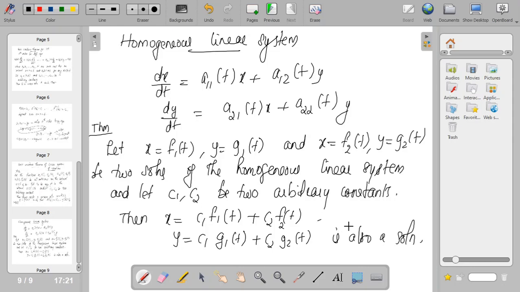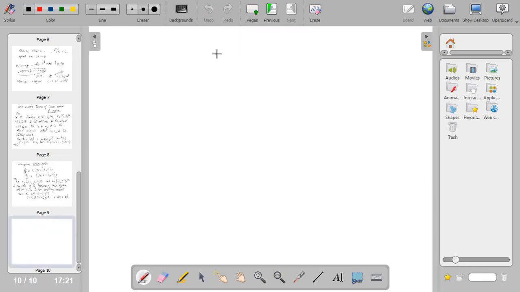So this solution is called a linear combination of the solutions.